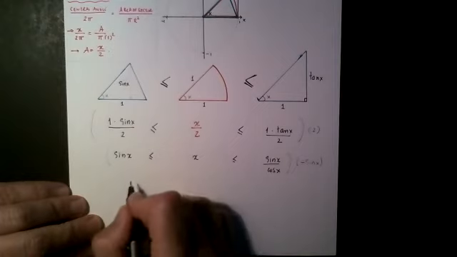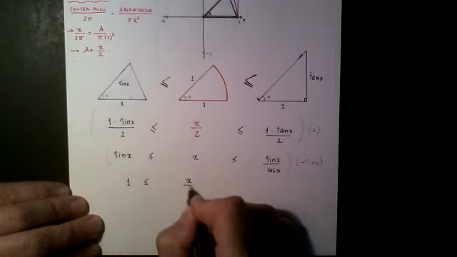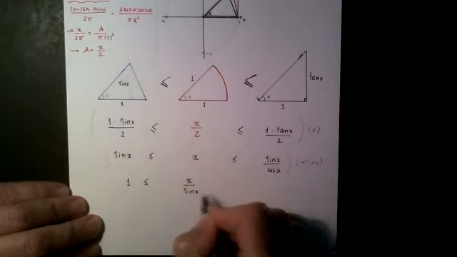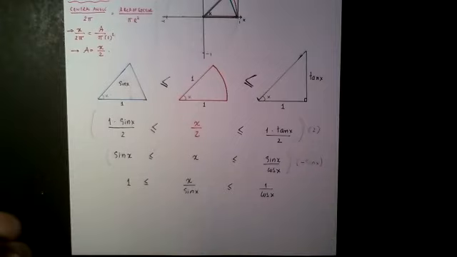So on the left, I have 1. In the middle, I have x over sine x. And on the right, I have 1 over cos x. Are there any questions until now?